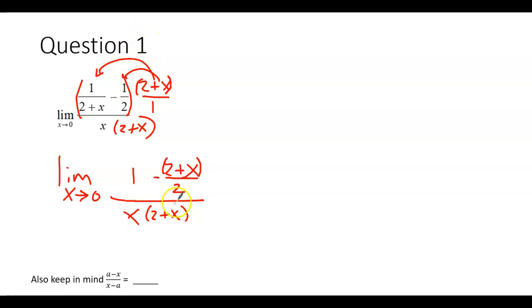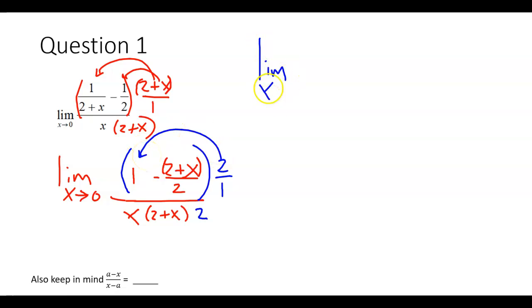All right, but we still have a little denominator that we want to get rid of here. So guess what? We're going to do it again. I'm just going to multiply the entire top by 2 over 1 and the bottom by 2. All right, so we distribute in. So if I distribute there, 2 times 1 is 2.